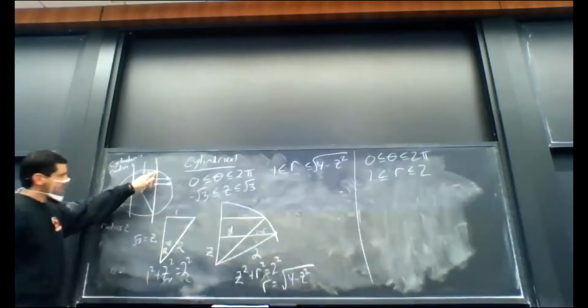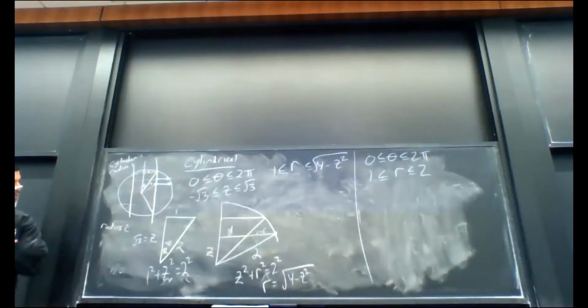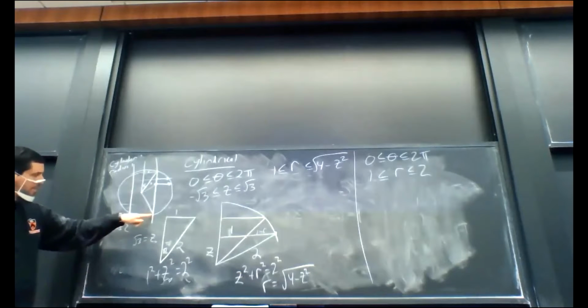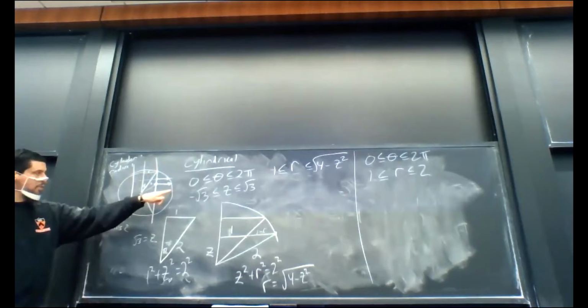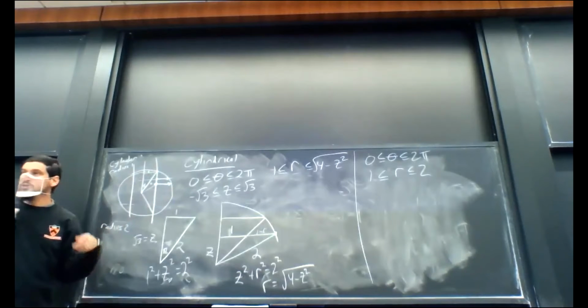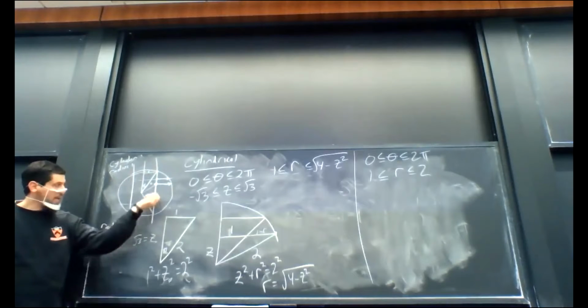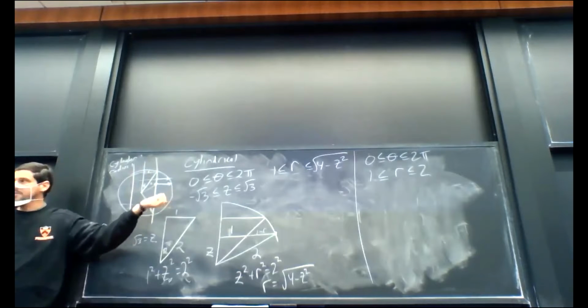Well, if r equals 1, how far can you go for z? If r equals 1, we can go from minus root 3 all the way up to root 6. If r equals 2, only one value of z works, 0. The range of z is going to depend on r. The smaller r is, the more possibilities for z we will have. The larger r is, the fewer.